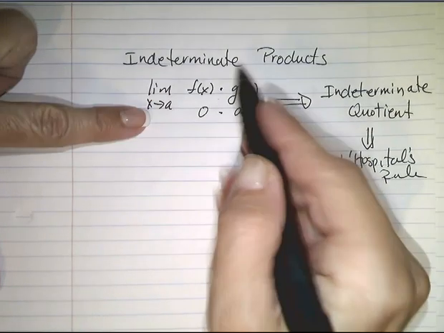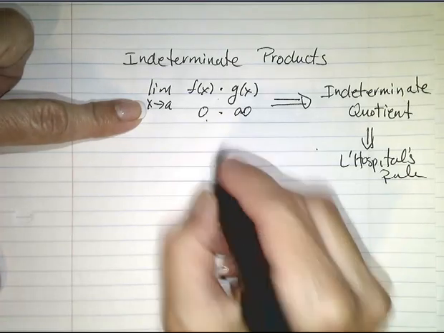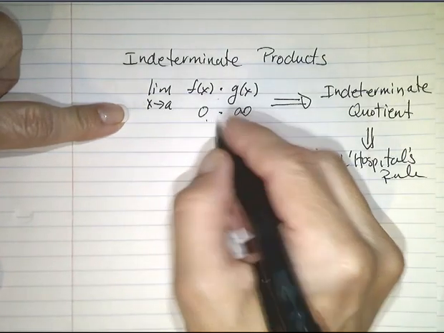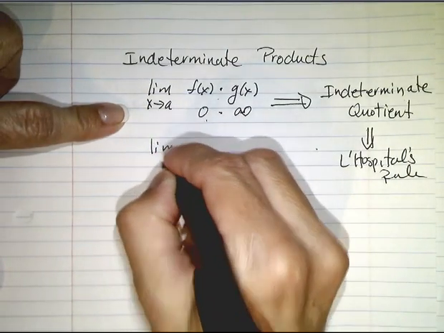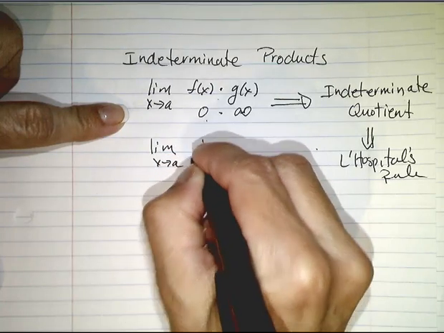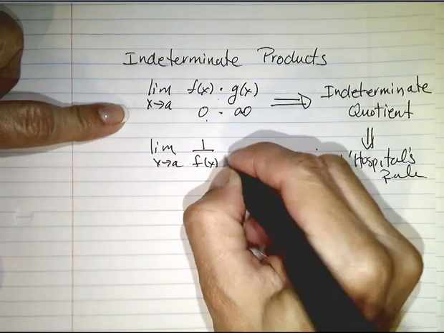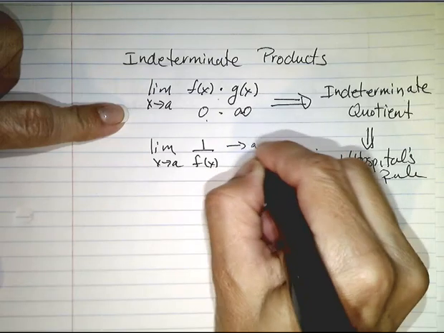Now notice that if f of x goes to 0, then the limit as x approaches a of 1 over f of x goes to infinity.